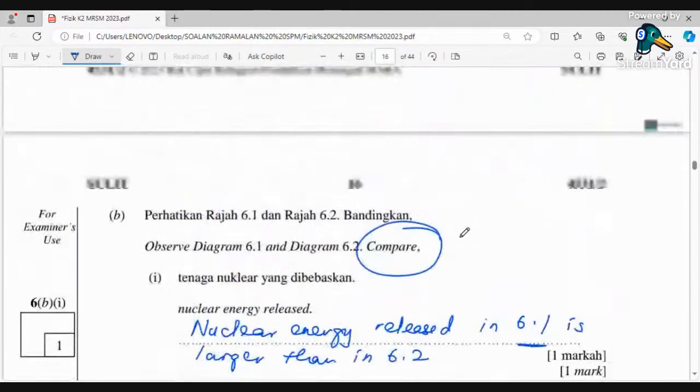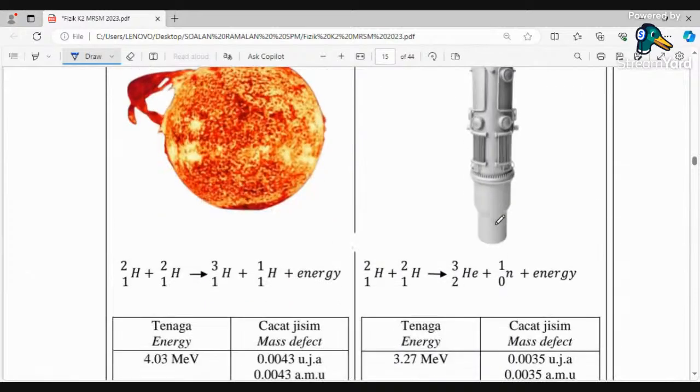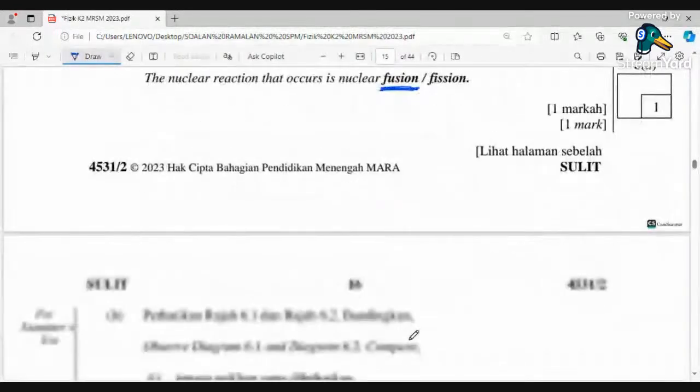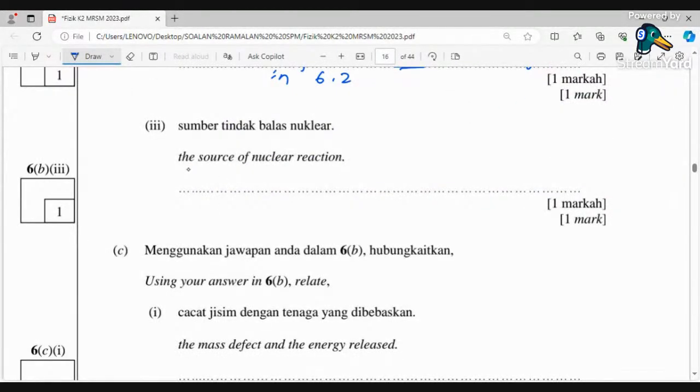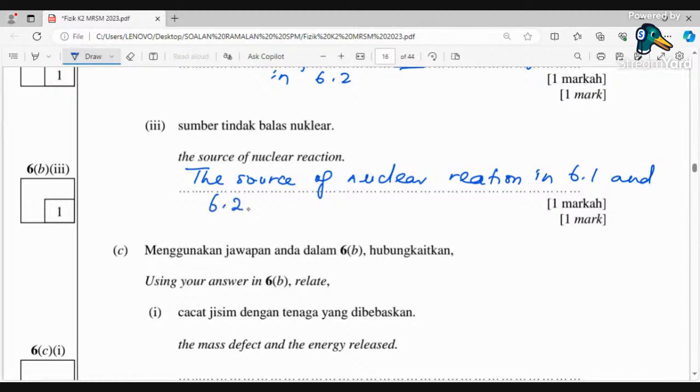We want to see what the source is here. What does it use? Isotope of hydrogen. This is the same, both are the same. The source of nuclear reaction in 6.1 and 6.2 are the same. That is isotopes of hydrogen.